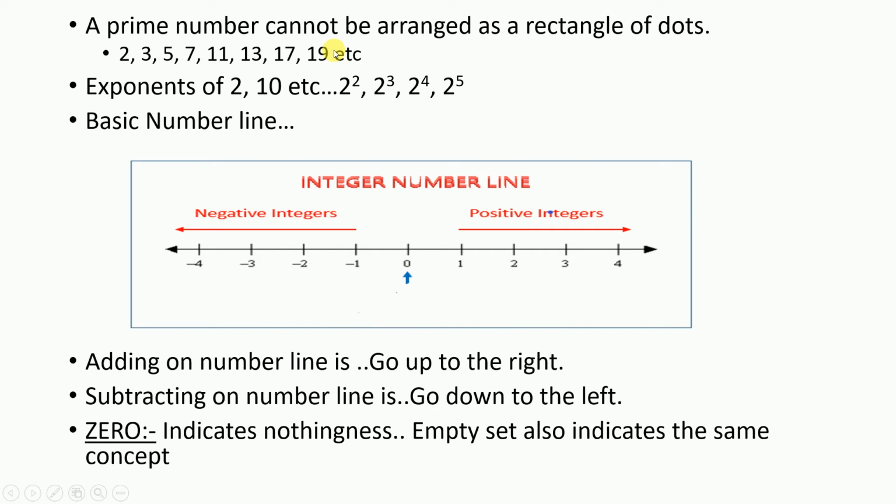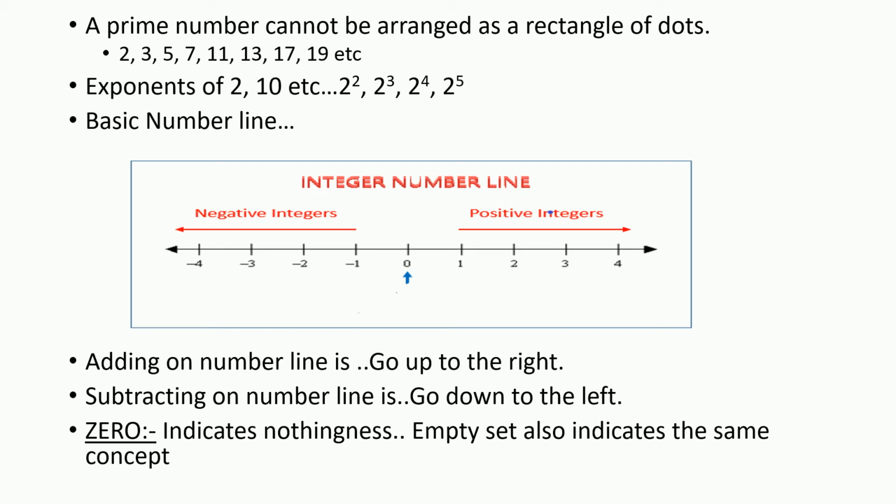There is another beautiful concept, prime number. A prime number is divisible by 1 and itself, and prime numbers cannot be arranged as rectangles. Okay, you take for example prime number 13. You take 13 dots and try to arrange them in the form of a rectangle. It is impossible.